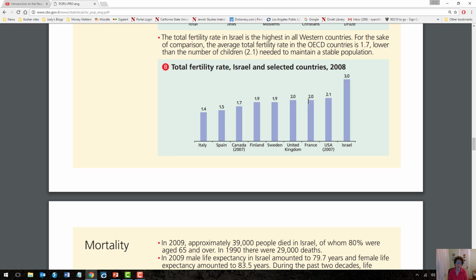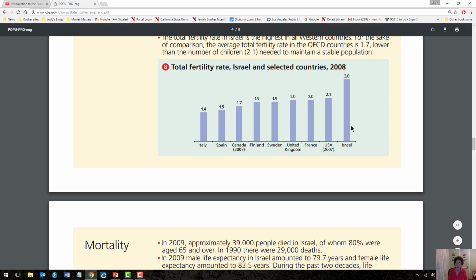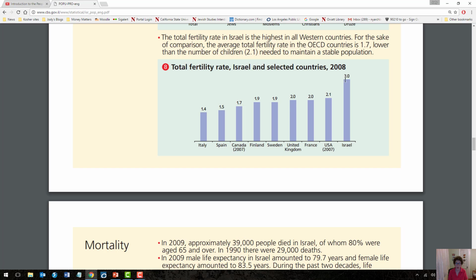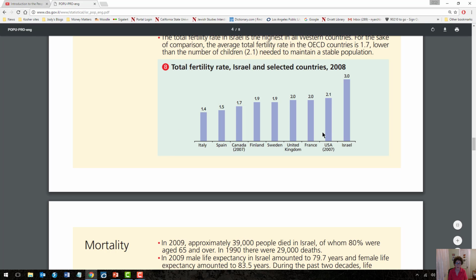But anyway, let's compare Israel to these other countries. Again, birth rate in Italy, Spain, and so on. Israel is way higher, much higher. And I don't have Japan on here, which is way down here. Israel's annual population growth rate is more than 3 times faster than the 35 OECD countries. Oh, you see this up here, OECD.